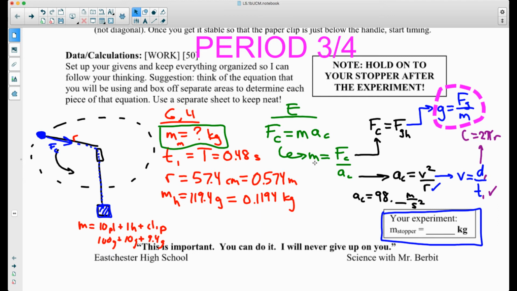Okay. When we were looking for the mass, we said we needed the centripetal force. So let's go nice and slow here. The mass is moving in a circle. It is turning. Even if it's not a complete circle, it's turning. Anytime an object is turning, there is a centripetal force. That's it.